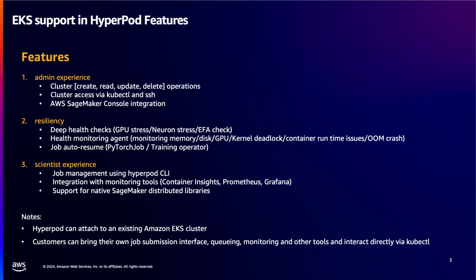And if you've already built things on top of the Kubernetes API, this would be an easy transition for you, because you can bring things like job submission interfaces, queuing, or monitoring tools that run on top of the Kubernetes API, and they should work on HyperPod.